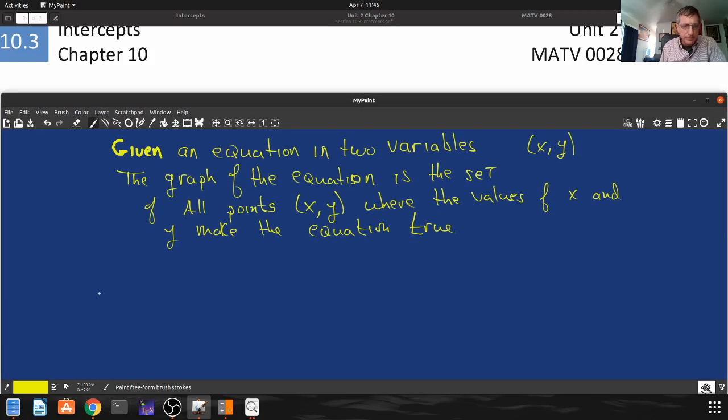So the y-intercept, and we'll show some visual examples of it in just a second.